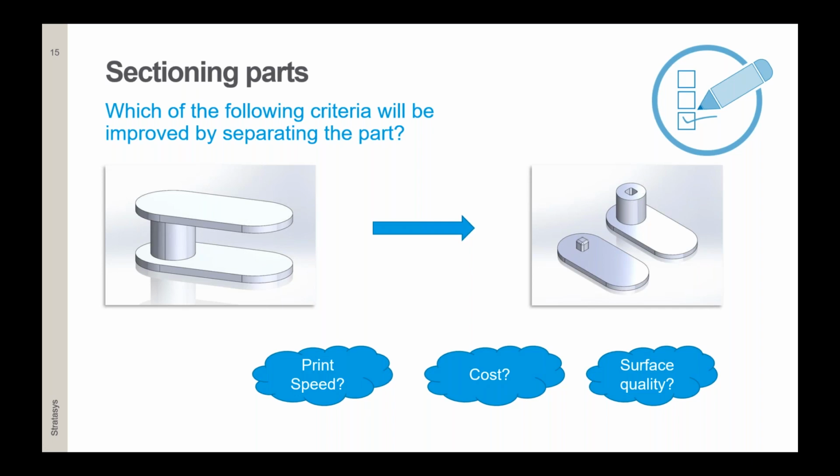So the first part on the left would be printed in 2 hours 10 minutes, and the second part on the right in just 1 hour and 20 minutes, which translates to around 33% time saving. Regarding the costs, as I mentioned just before, we won't need to print any support structures, which automatically translates to using less material. And for the first part, it would be somewhere around roughly 20 euros.